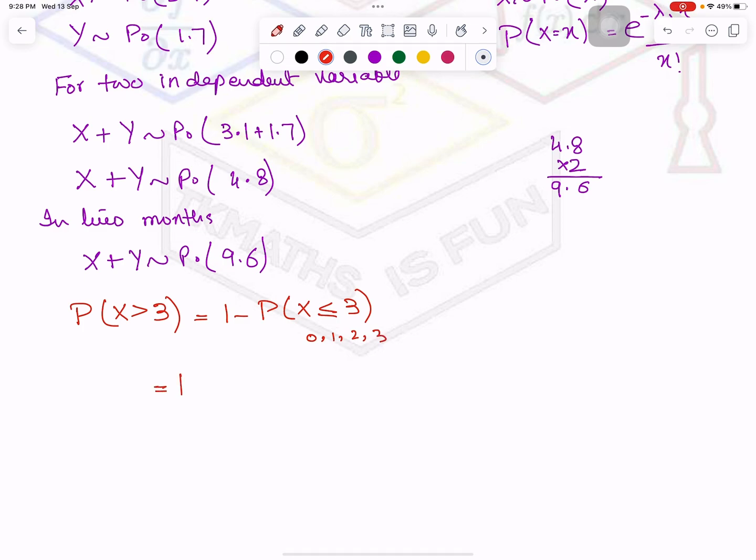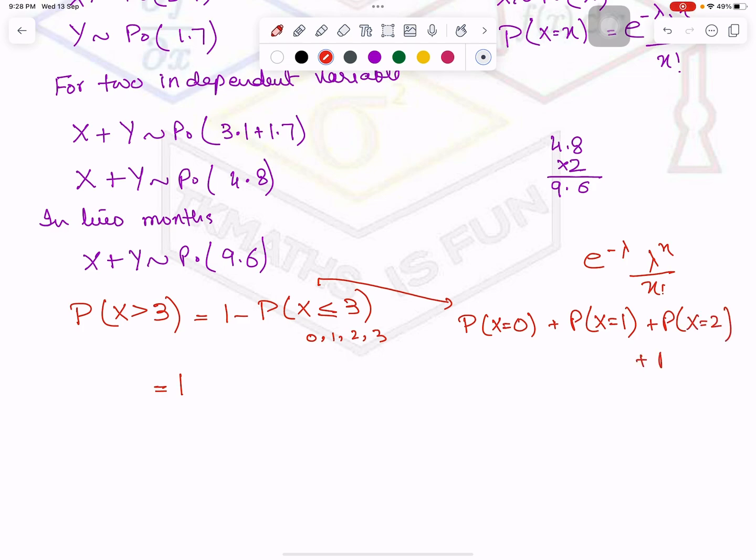So the formula was e power minus lambda, lambda power x over x factorial. If somebody is confused, for that student I would like to elaborate a bit. It means the probability of X equals 0 plus the probability of X equals 1 plus the probability of X equals 2 plus the probability of X equals 3.